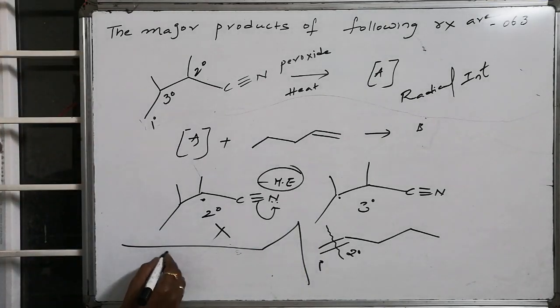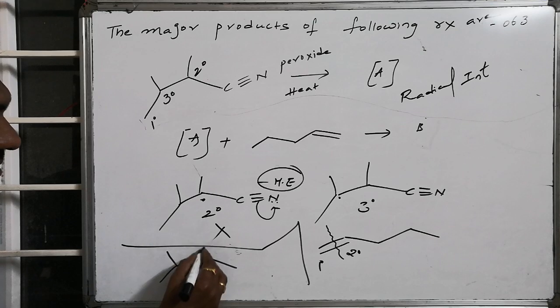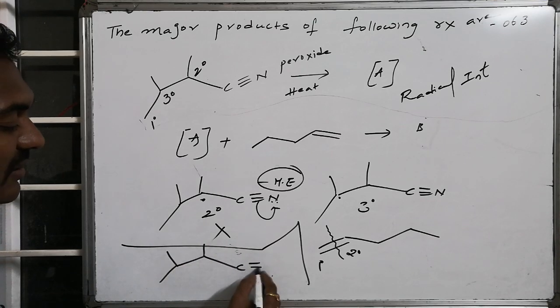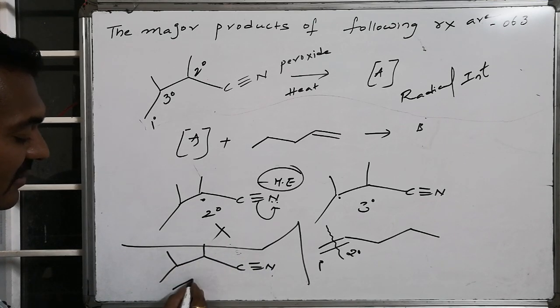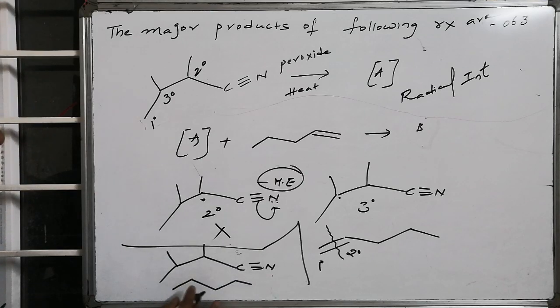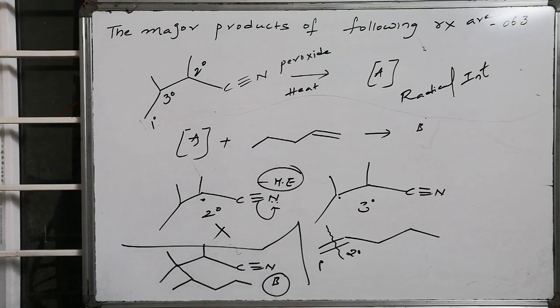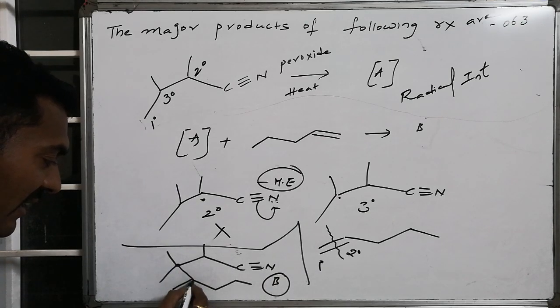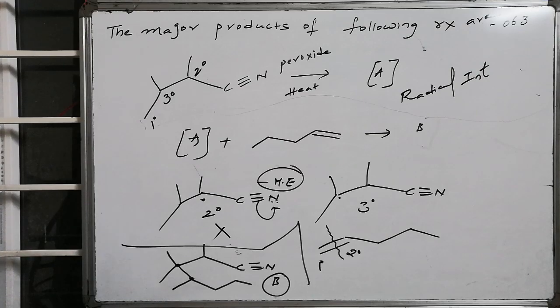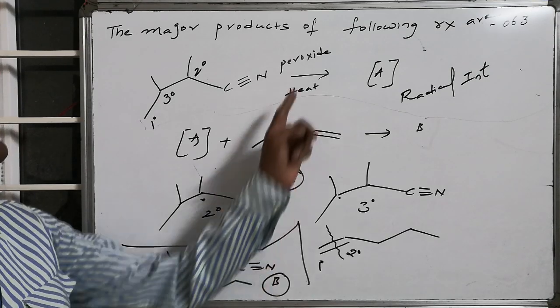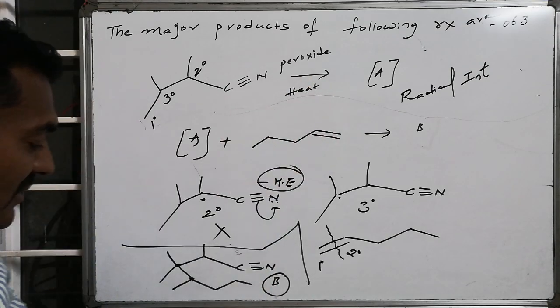So the reaction takes place in such a way that this has the triple bond, and here they connect with one another. Hence the final product expected as B can be this compound, because this is the radical, this is the radical. The radical is generated due to addition of peroxide followed by heating conditions.